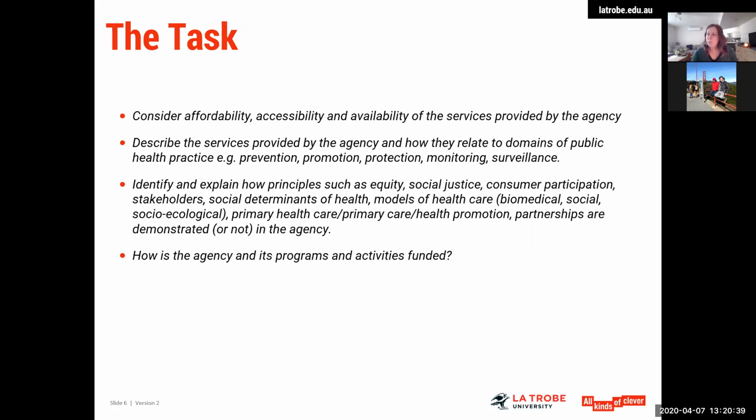You'll need to also identify and explain how principles such as equity, social justice, consumer participation, stakeholders, determinants of health, models of healthcare, primary healthcare, health promotion partnerships, how these are being demonstrated or not in the agency. In relation to these, you don't need to look at all of these.